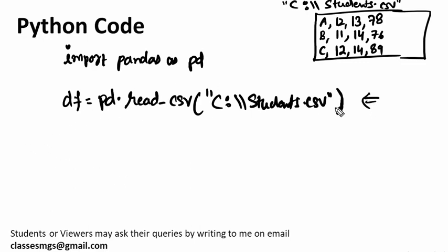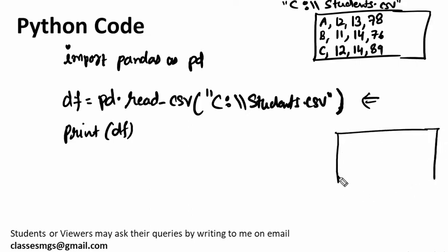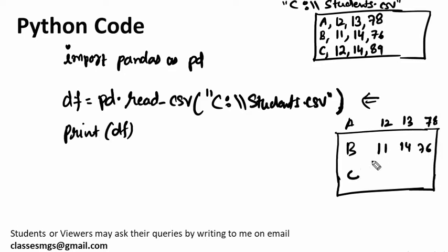Now your data frame will be printed, and if you print this data frame, you will get the output like this: a 12 13 78, then b 11 14 76, and c 12 14 89.